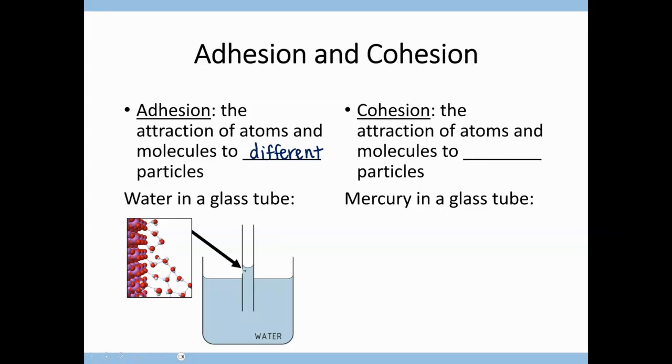Water molecules are attracted to the glass material. On the edges of the tube, the water molecules are interacting with the glass material, and that's why we get the meniscus, the lower part at the center of the water level.